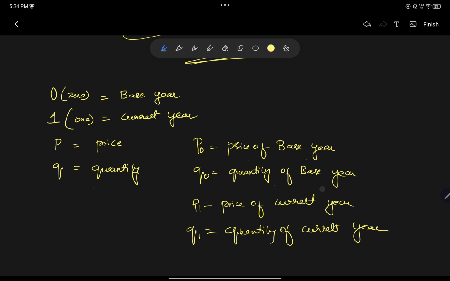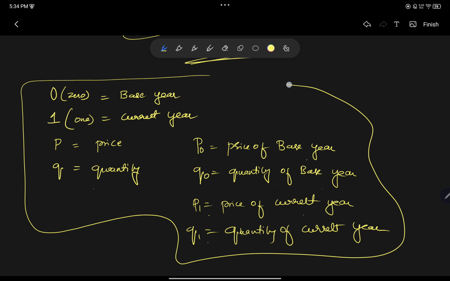Q0 means quantity of base year. P1 means price of current year. Q1 means quantity of current year. So now I hope you have understood: 0 means base year, 1 is current year, P means price, Q means quantity. We need to have this basic knowledge.